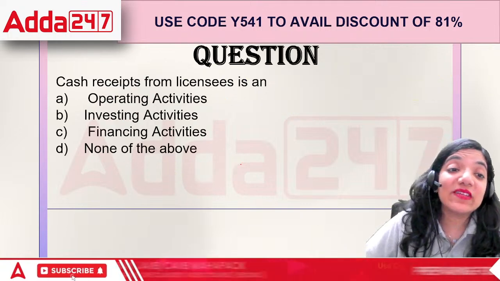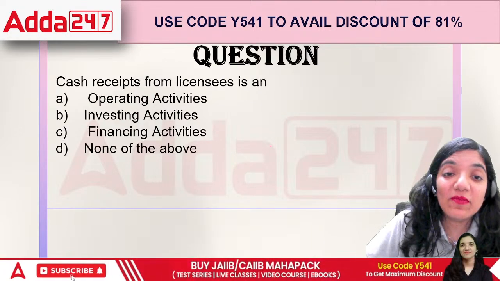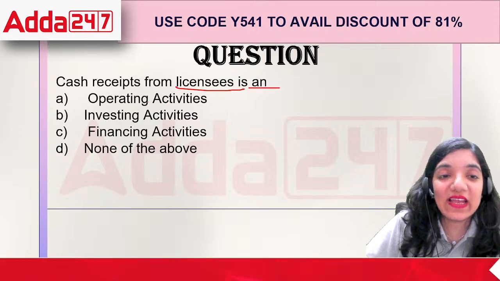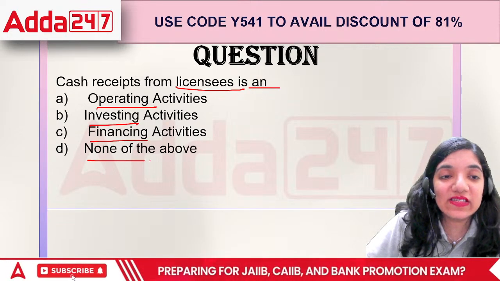Okay. So here comes the next question. Cash receipts from licensees is an operating, investing, financing, or none.